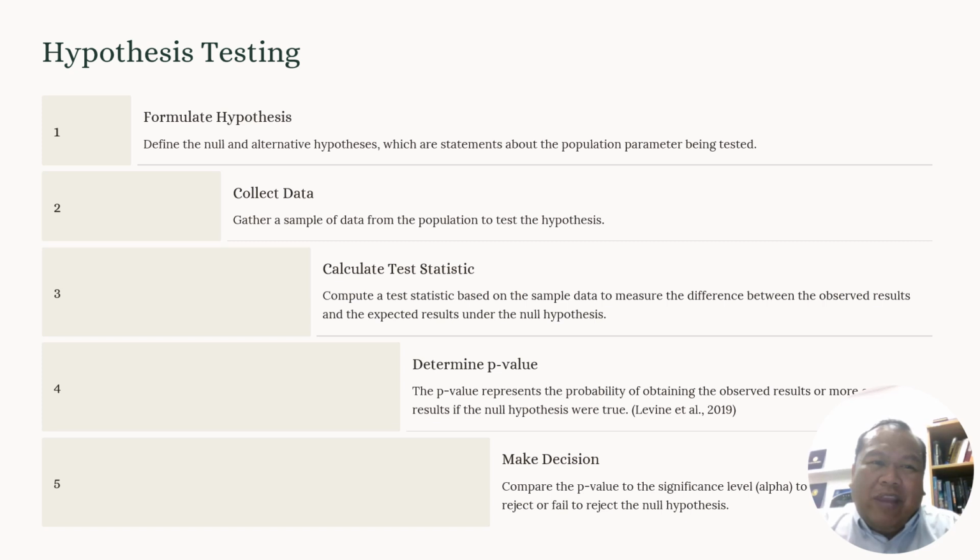Now, we have hypothesis testing. Again, a hypothesis is a guess, but it's a good guess, or shall we say a scientific guess. Just like when I gave you the data about the sales in the morning and the sales in the afternoon.